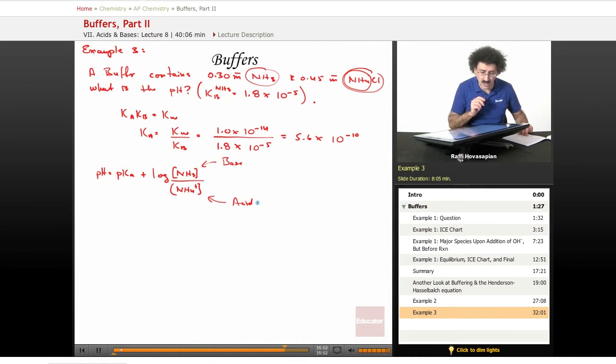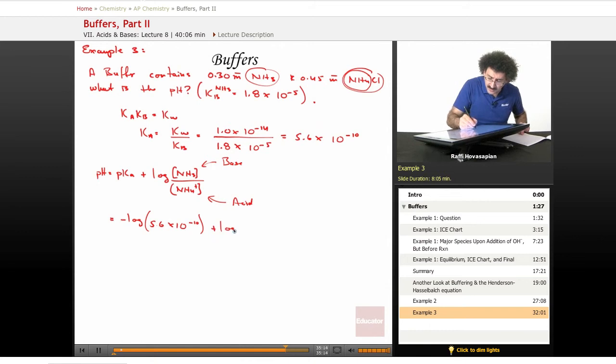That's the Henderson-Hasselbalch equation. Okay, so that means it equals, the pKa is the negative log of the Ka, which we just found, 5.6 times 10 to the negative 10, plus the logarithm of the ammonia concentration, which is 0.30 molar, over the NH4, the acid concentration.